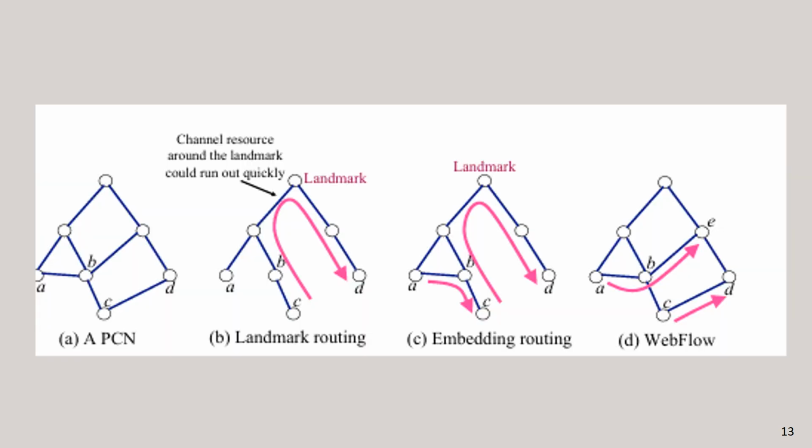Embedding routing. Although embedding routing can improve routing efficiency, it still requires passing through certain hop paths known for routing. This reliance on hop paths can lead to rapid depletion of channel resources, causing congestion and inefficiency in the network.